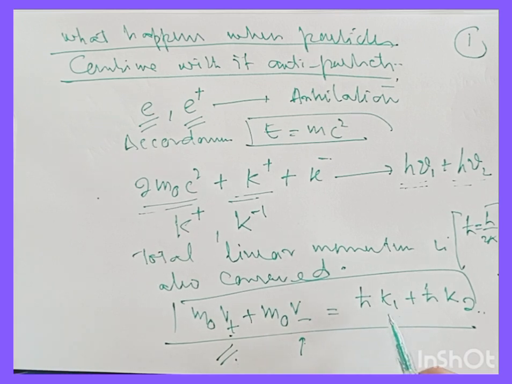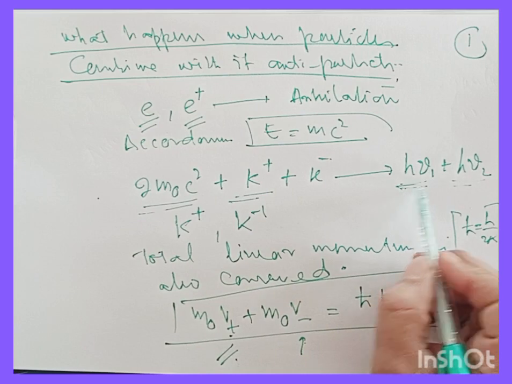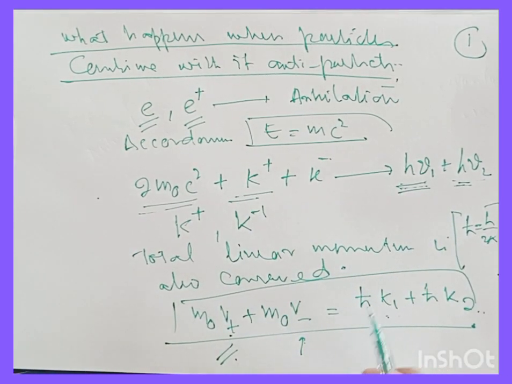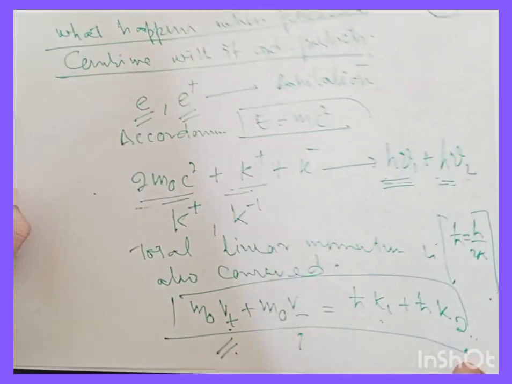Similarly, K1 and K2 are the propagation constants, or propagation vectors, of the two photons formed during the reaction. So an important condition for this reaction to occur is that we must have conservation of linear momentum.